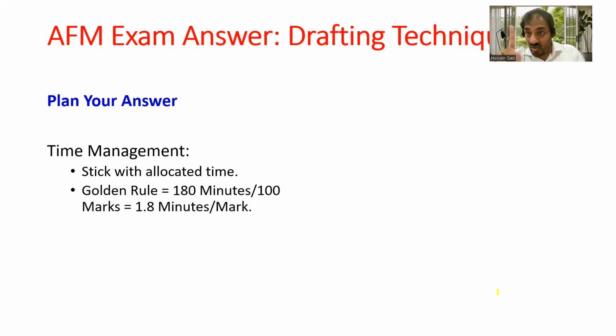Not 100% accurate, 100% appropriate. And for that, since the start of your studies, you must stick with time management. By hook or by crook, you have to attempt the question within the time limit and split the requirement. If you are attempting a 10 marks question, you know very well the golden rule, you have 180 minutes. Be conscious, take a cautious approach.